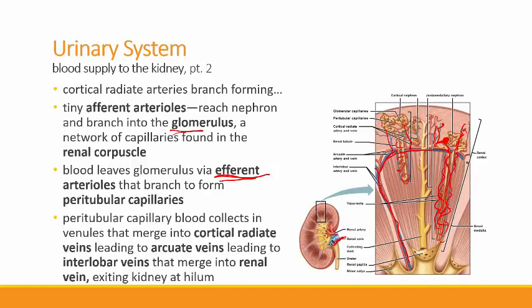So it came in at the renal artery, then to interlobar arteries, to arcuate arteries, to cortical radiate arteries, to the afferent arteriole, to the glomerulus, to the efferent arteriole, to the peritubular capillaries. And I want you to spend some time working on this whole pathway of blood flow. So from the peritubular capillaries then into the cortical radiate veins, to the arcuate veins, to the interlobar veins, and finally to the renal vein.